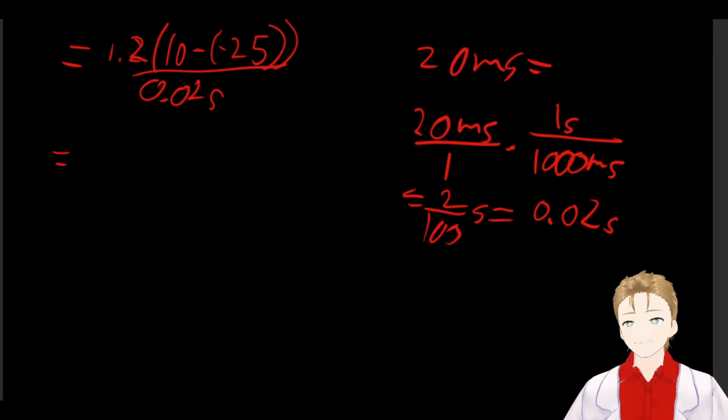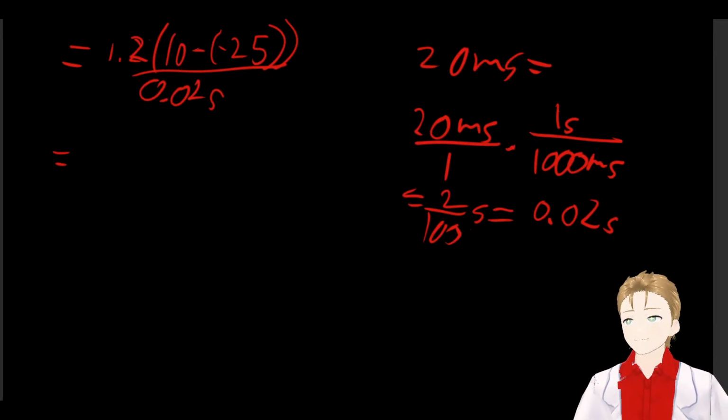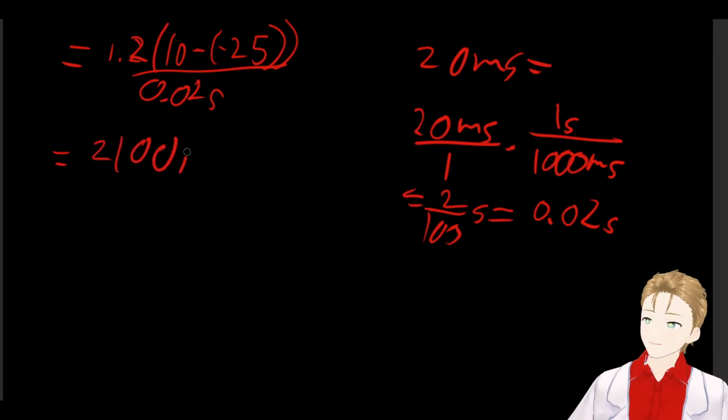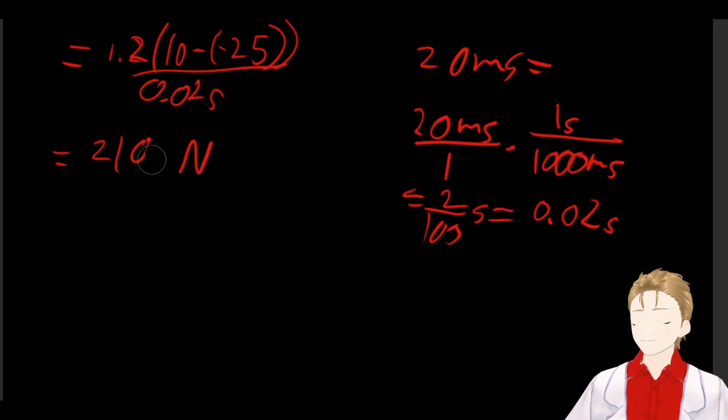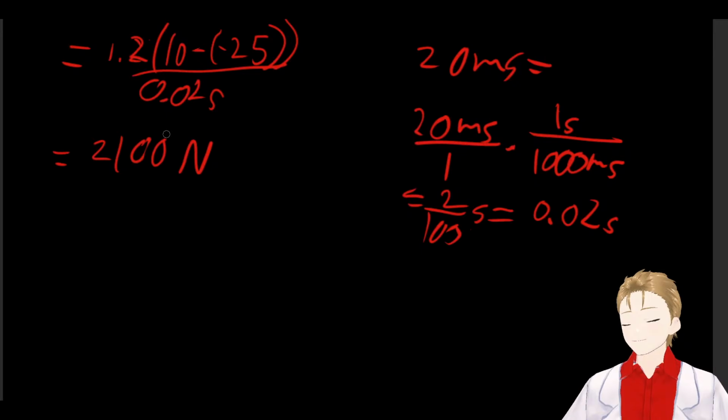Okay, let me calculate. 1.2 times 10, technically the negatives cancel out, it's 10 plus 25 divided by 0.02. And it is 2100 newtons of force.